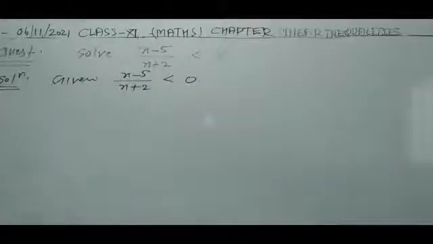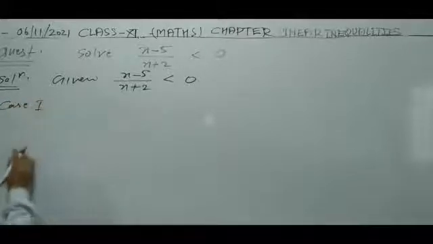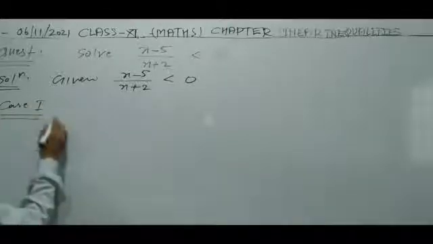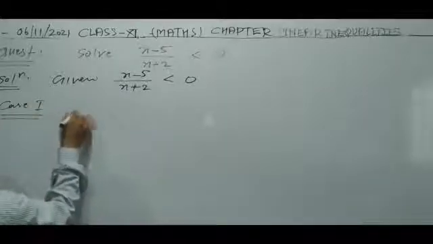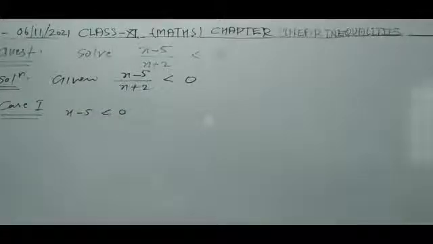Now case 1. Suppose we consider case 1. In case 1 we are taking x minus 5 is less than 0 and x plus 2 is more than 0.